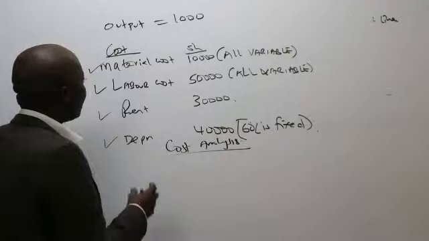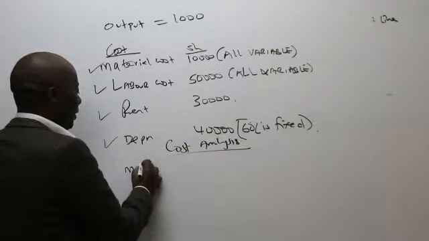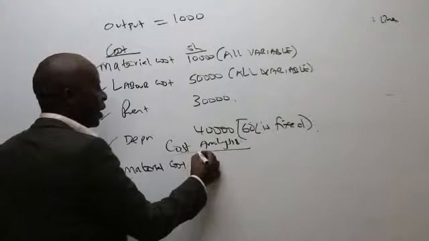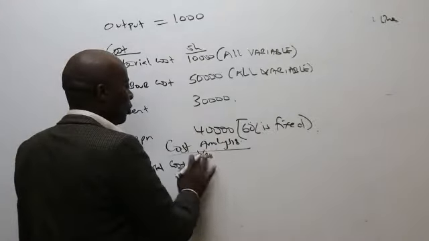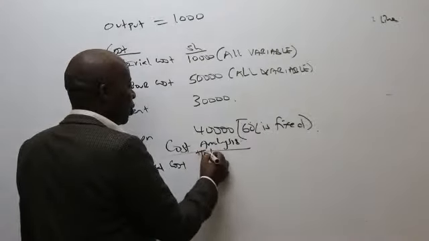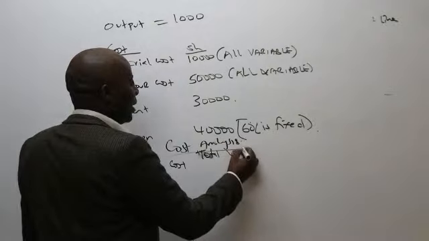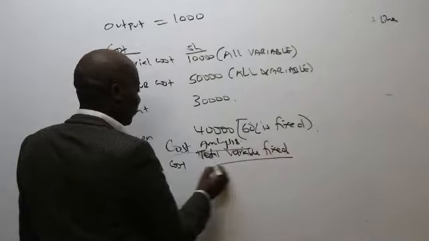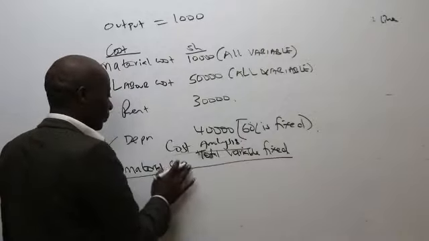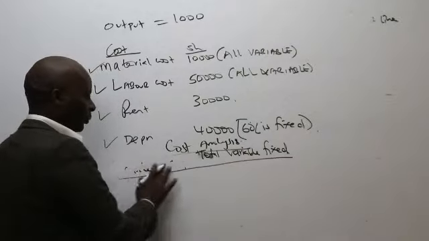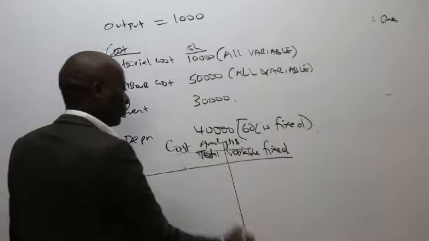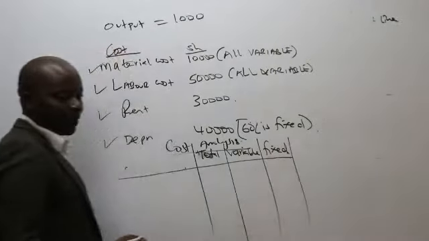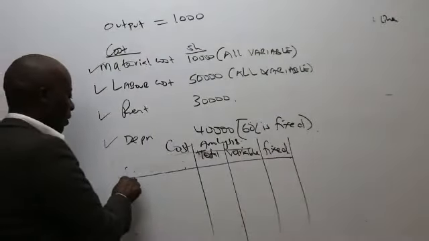I have my cost items, and I'll have my materials written very well here. Then I'll have a column for the total first, then variable, and fixed.